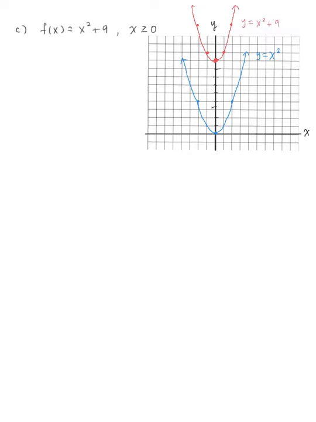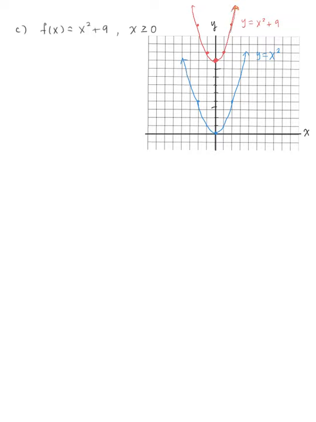Now, let's look at it. Without the restricted domain, x greater than or equal to 0, is this a one-to-one function? This is not, because it fails the horizontal line test, right? So this is not one-to-one altogether. However, if you restrict the domain to x greater than or equal to 0, it's not just this piece here.